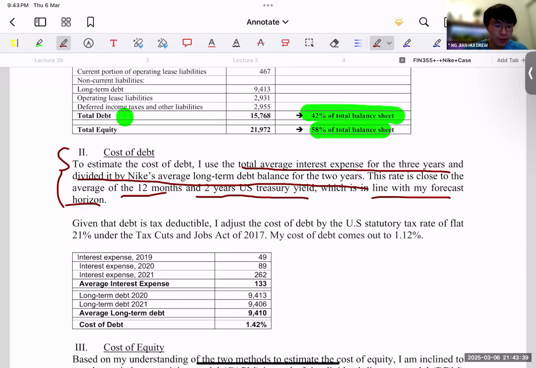Okay, so yes, you pointed out rightly that you must use the yield to maturity. And this part here is a bit misleading. This rate is close to the average 12 months and 2 years US Treasury yield. What's wrong with this statement?